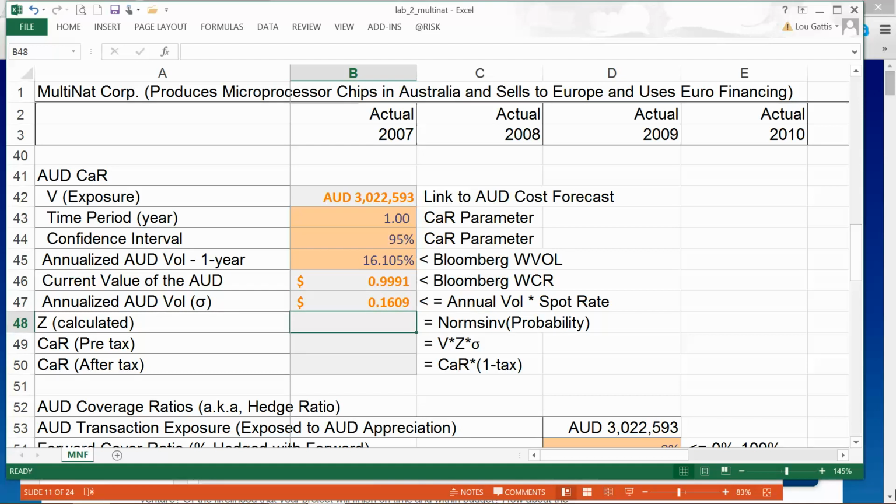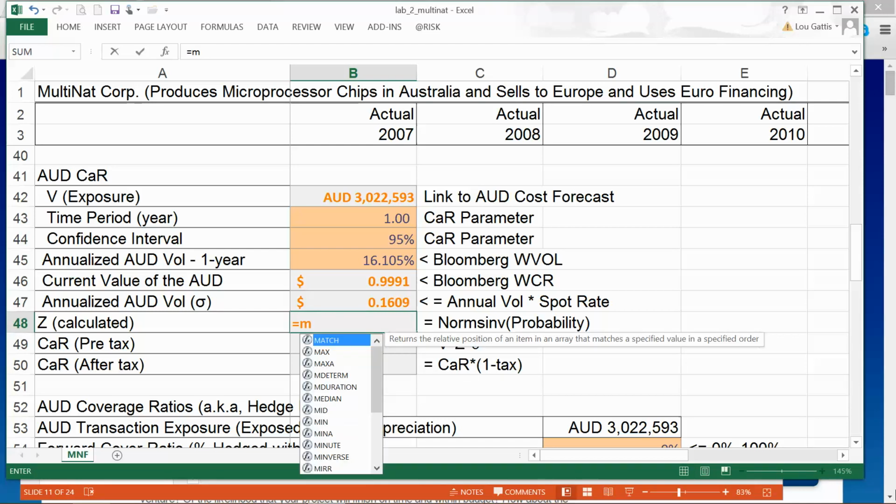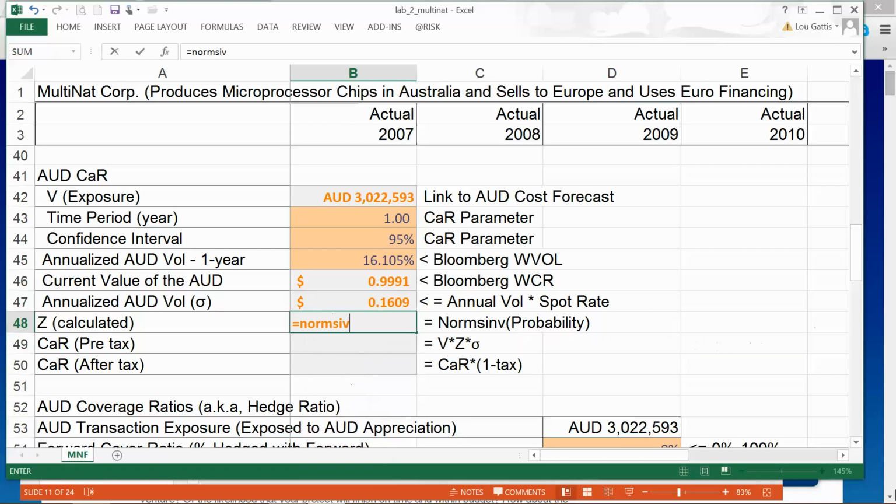My Z is the 1.65, but I can get a more precise estimate of that. If I use the Excel function equals NORM.S.INV, and I put in a 95% confidence interval, there's the 1.65, more precisely 1.645.